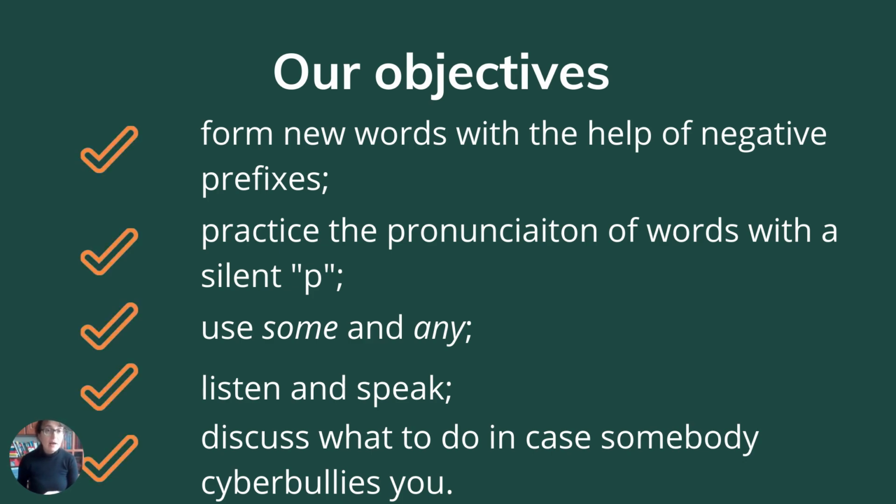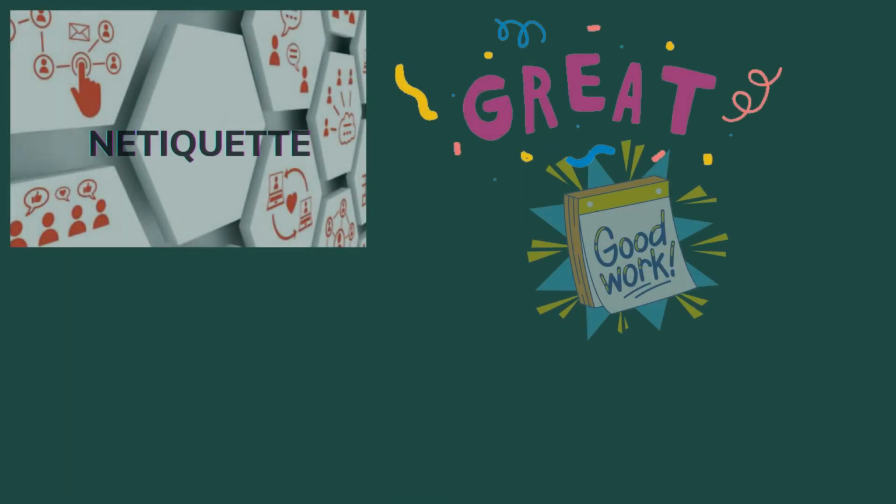Now we can distinguish between them and choose the most appropriate variant. Okay, we did some listening, right? We listened to the psychologist's podcast, and speaking is your home task. I'm pretty sure you are looking forward to listening to one another's podcast.